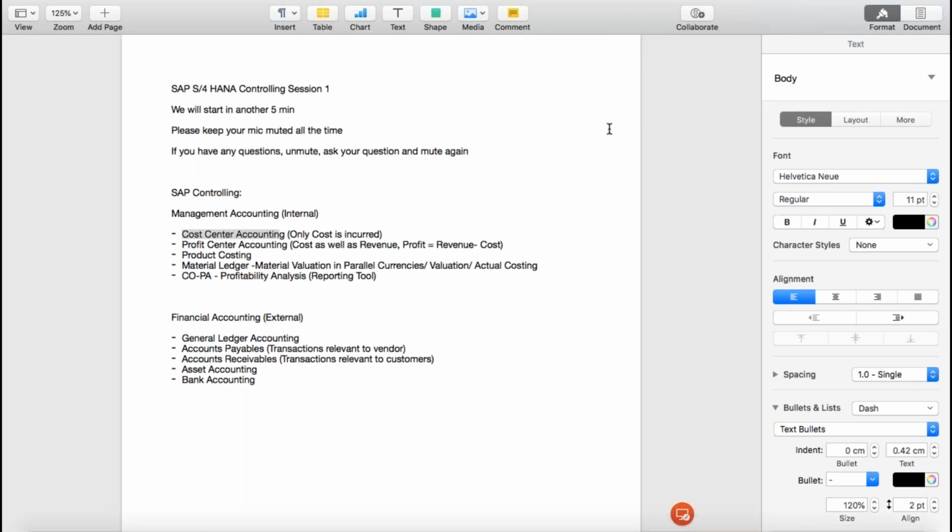So it is not 100% required to know IBP, but if you know IBP, that will definitely help you to carry out the planning easily using the new tool. In this course, the basics of IBP we are also going to cover. Whenever we talk about planning, I'll make sure that you know the basics of IBP and how the values flow in IBP also.